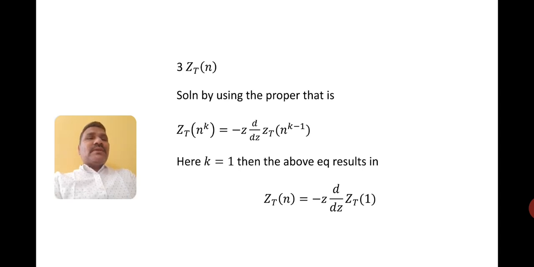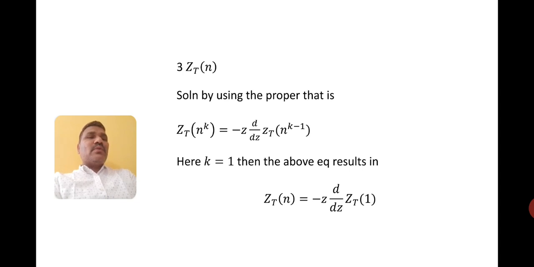Now I am taking the k value as 1 in the formula. So you will get the z transform of n is equal to minus z d by dz of the z transform of 1. You already know the z transform of 1 is z divided by z minus 1.